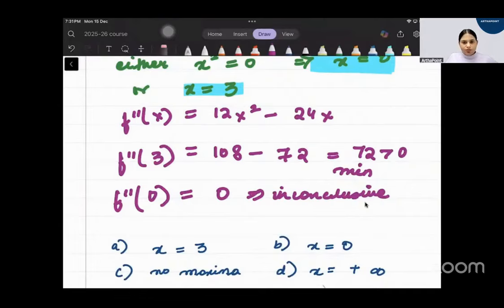Acha, now this is fine. But can you tell me exactly why there is no maxima? माने ग्राफ में क्या ऐसा रहा होगा कि there is no maxima?